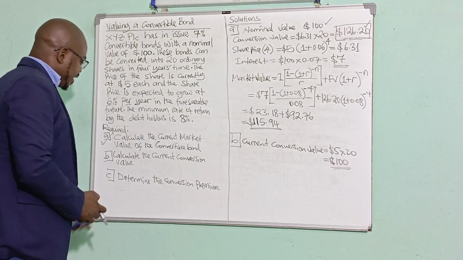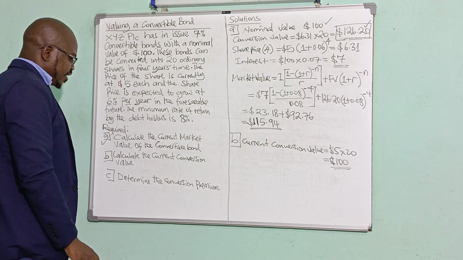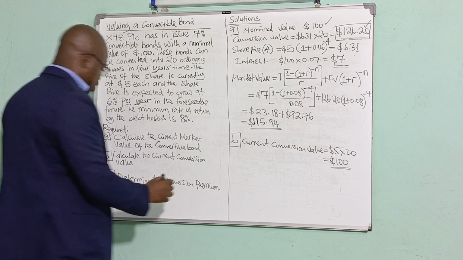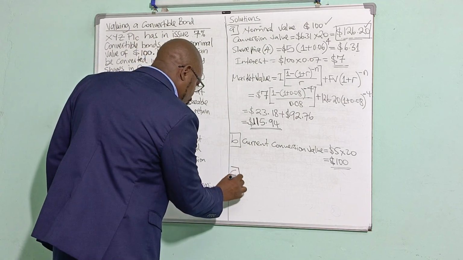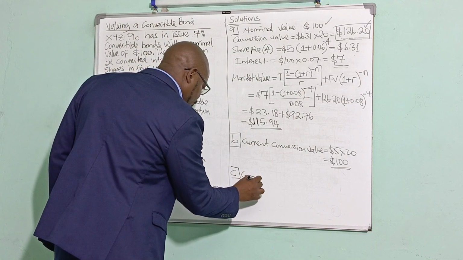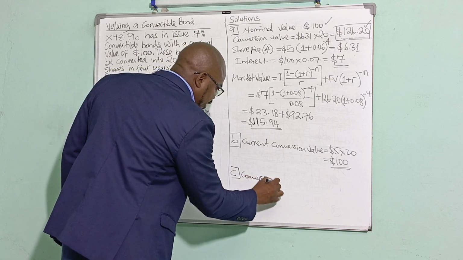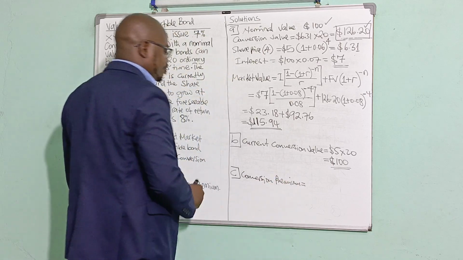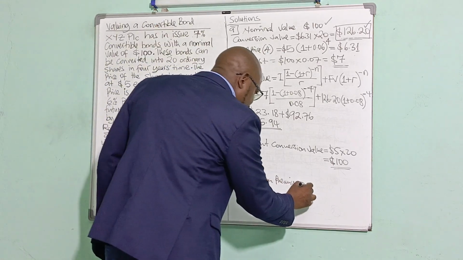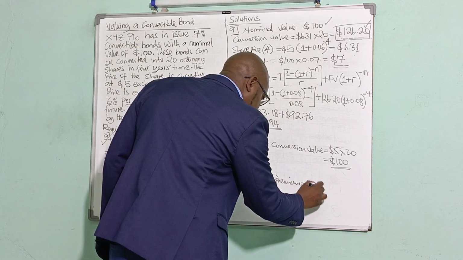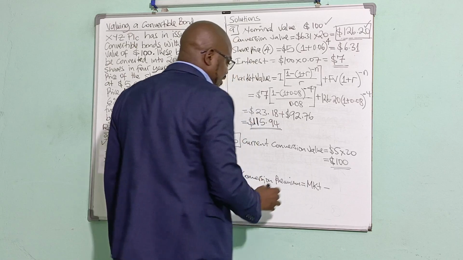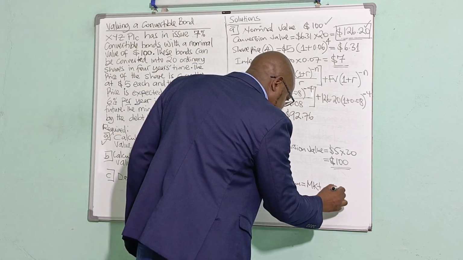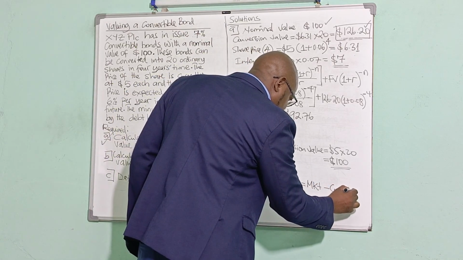And then now the examiner is asking to determine the conversion premium. Okay, determine the conversion premium. So conversion premium will actually be market value minus current conversion value.